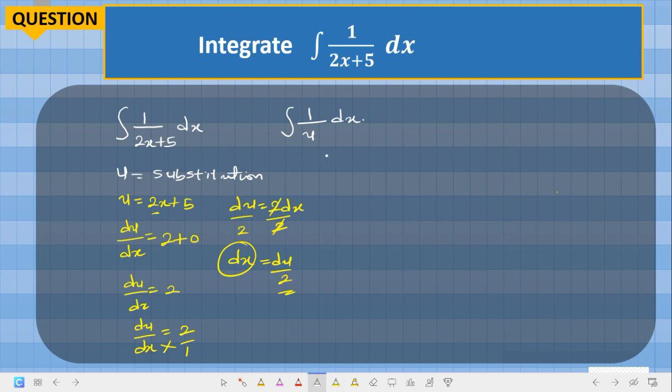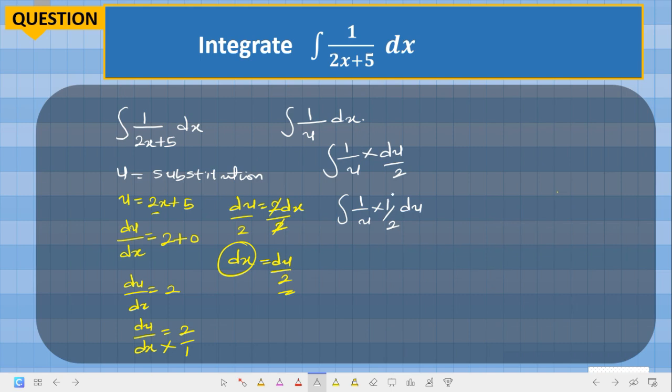So this will give us the integral of 1 over u times, in place of dx, du over 2. Okay, now we can separate these two to become the integral of 1 over u times 1 over 2 du, because 1 times du will give us du, then 2 times whatever here will give us 2.